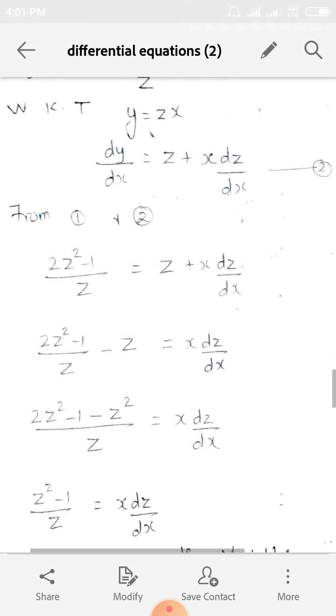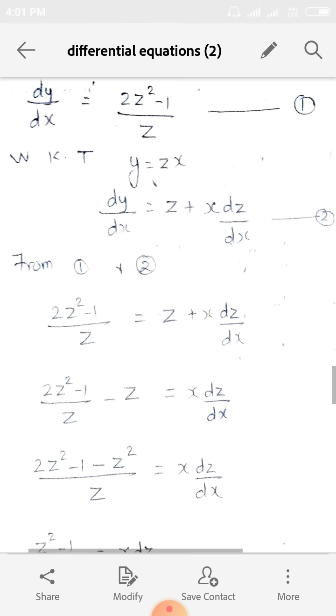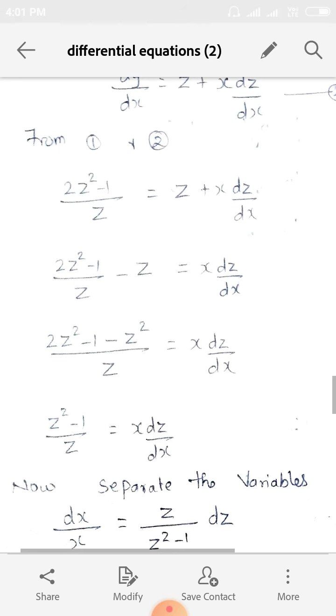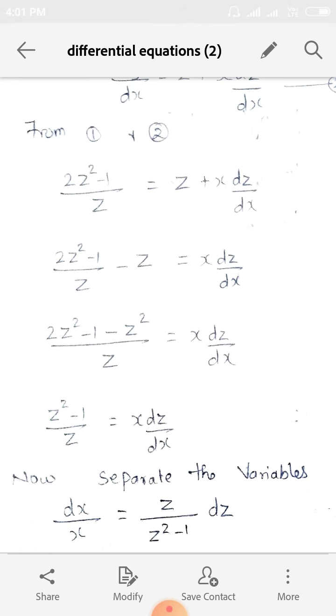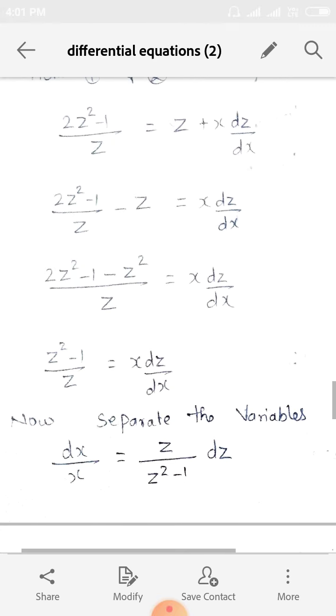So from 1 and 2, both the left hand sides are equal. So we have to equate the right hand sides. We get 2z square minus 1 by z is equal to z plus x dz by dx. The next step, write the z to the left hand side, we get minus z. So 2z square minus 1 by z minus z is equal to x dz by dx.